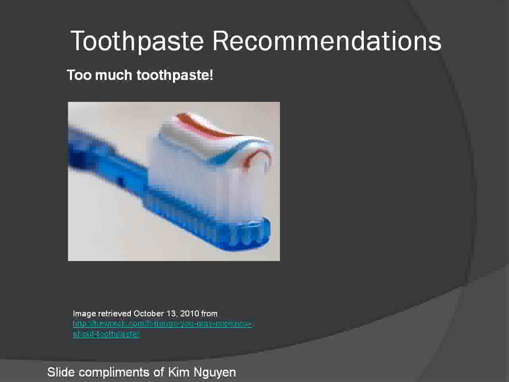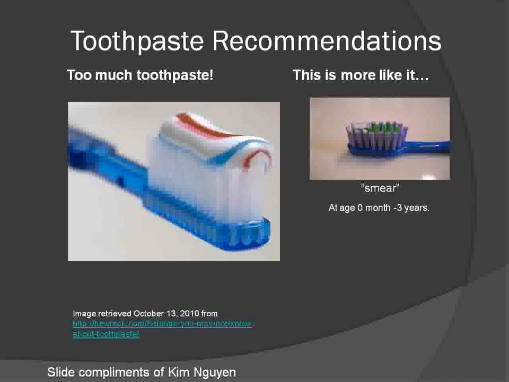So just a smear, just barely wetting the bristles. Once the child has learned to spit out most of the toothpaste and doesn't just suck the toothpaste off of the toothbrush, then we can start to use a pea-sized amount of toothpaste, as the lower picture shows us. Again, a small pea though.